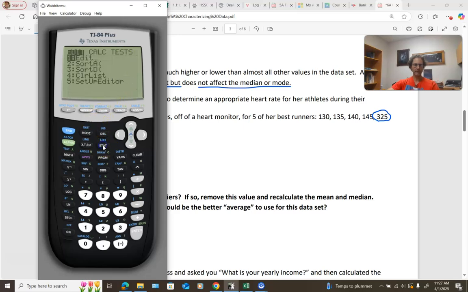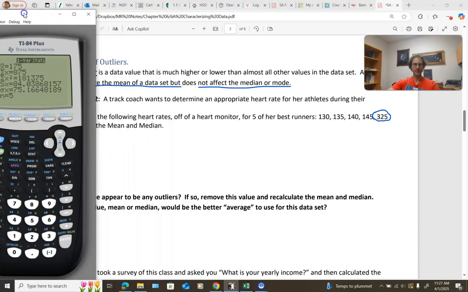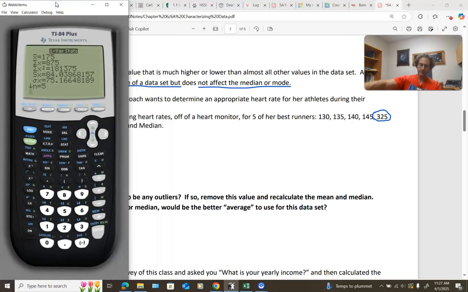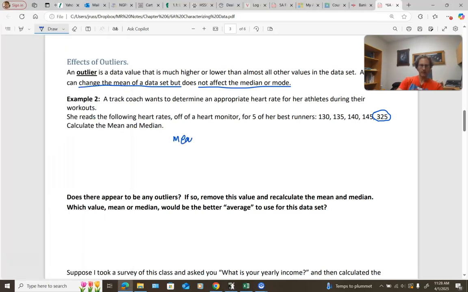Now I'm going to go back to Stat, go to Calculate and select one variable statistics. I'm using list 1 again, so I'm good there. I'm going to scroll down to Calculate, hit Enter, and it's going to give me X bar. That is the mean. So the mean, or X bar, is equal to 175 BPM, which is just short for beats per minute.